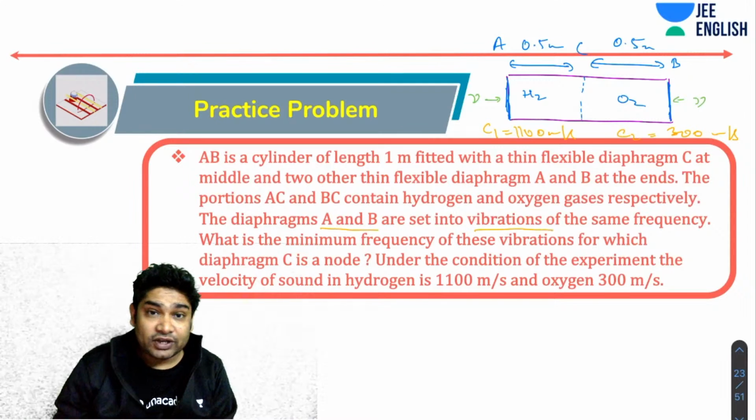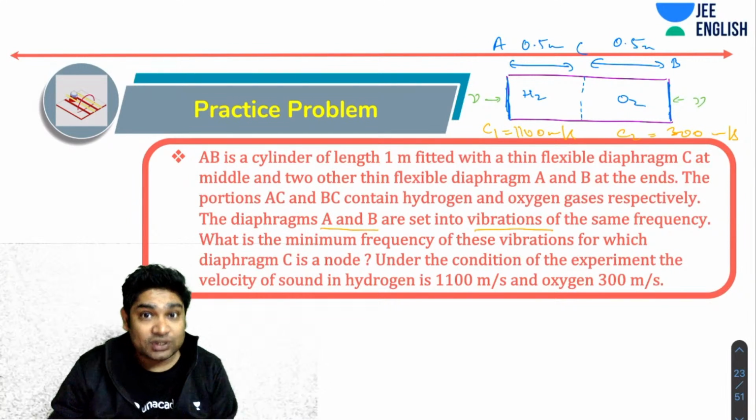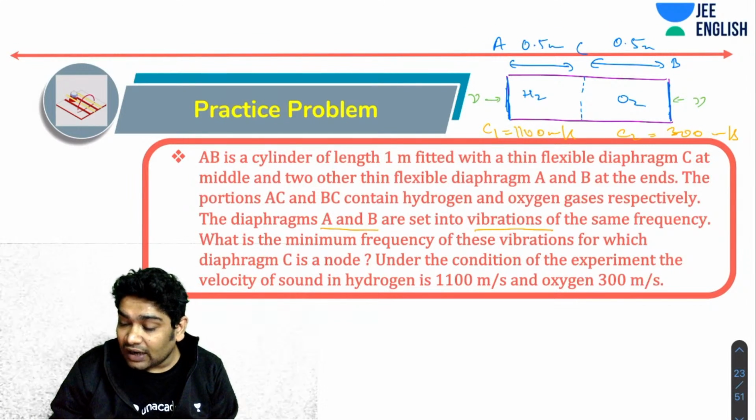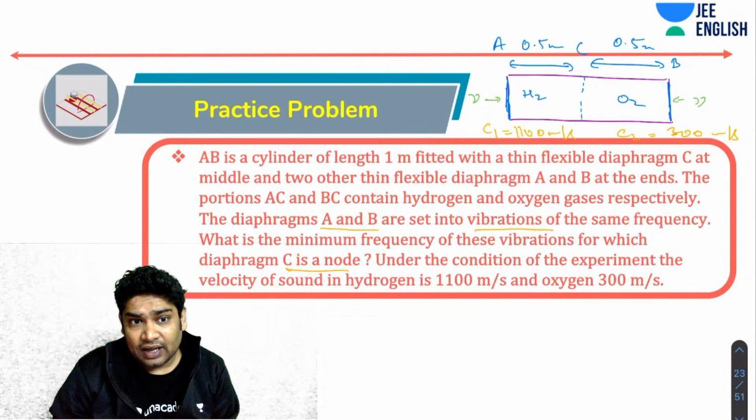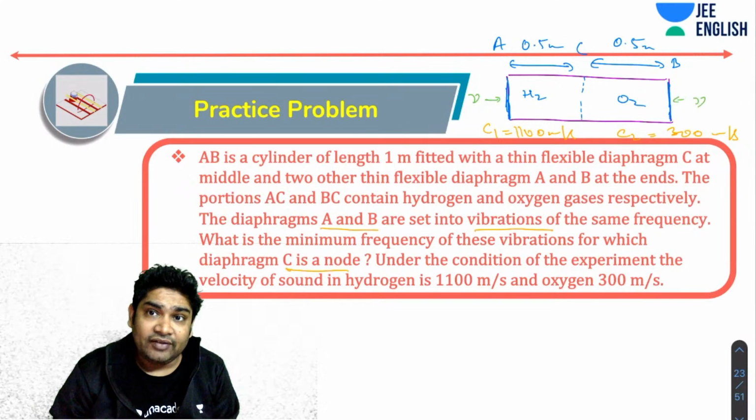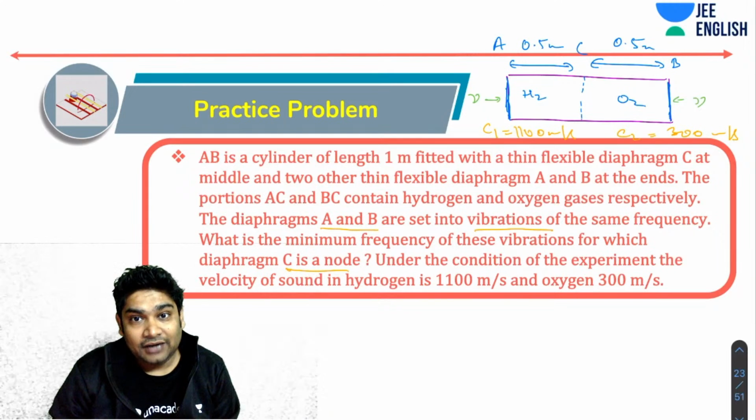So at the locations of A and B, you will have antinodes, and you want a node at C. So think of it as two separate pipes set into vibrations, having antinodes at one end and a node at the other. And the frequencies should be the same eventually. So that's the hint.